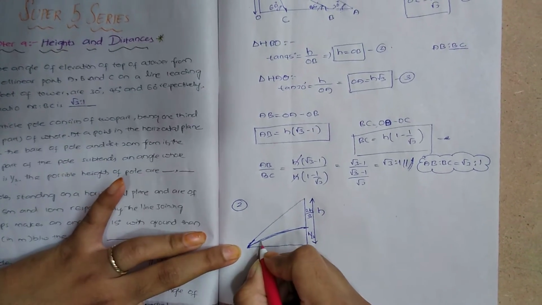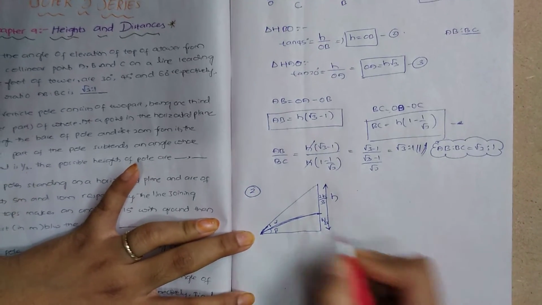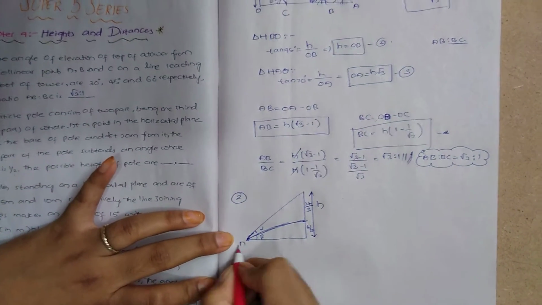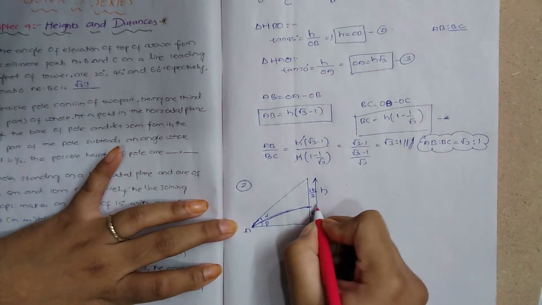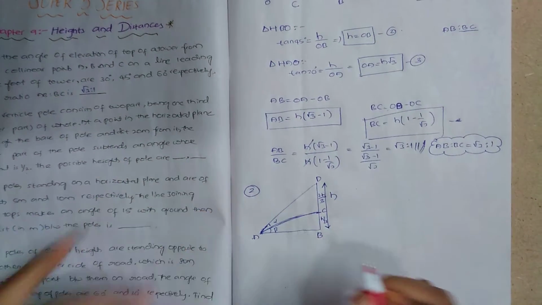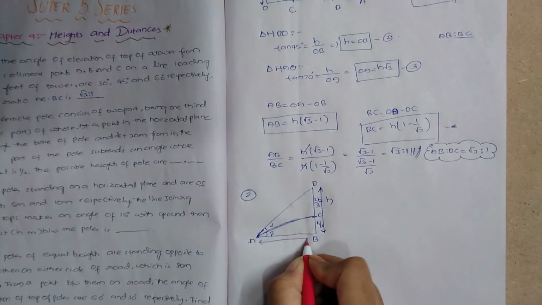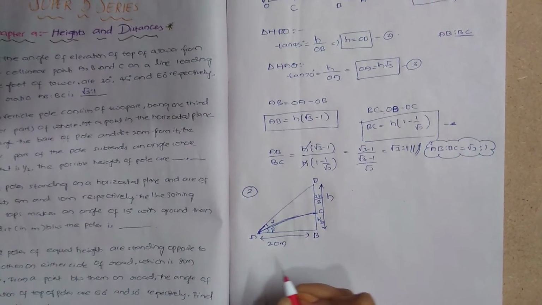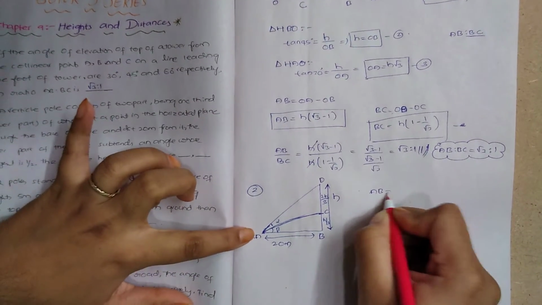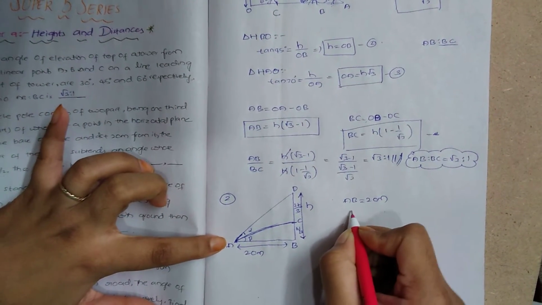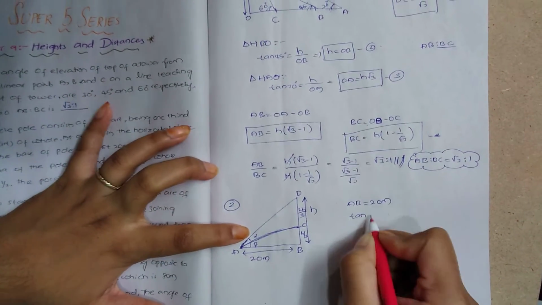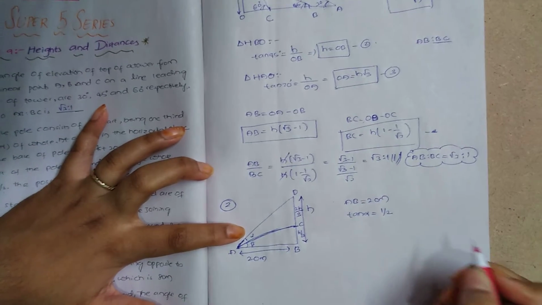Okay, let us name it as alpha and this as beta. Let's name A, B, C and D. Okay, what is given more? AB distance is also given as 20 meters. Yes, AB is given as 20 meters. And it is also given that tan alpha is equal to 1 by 2.